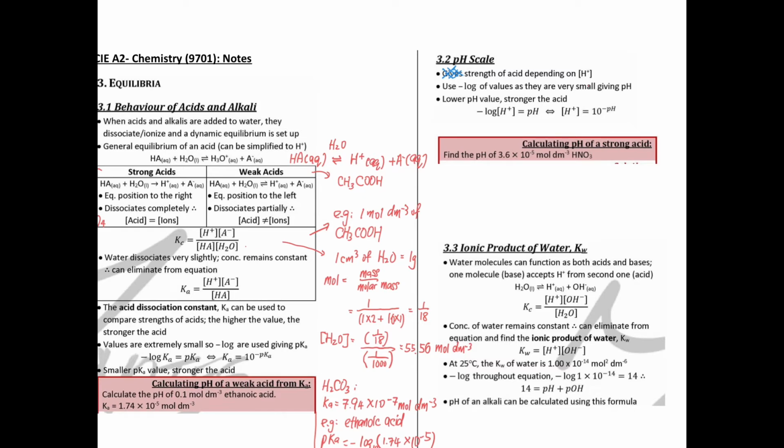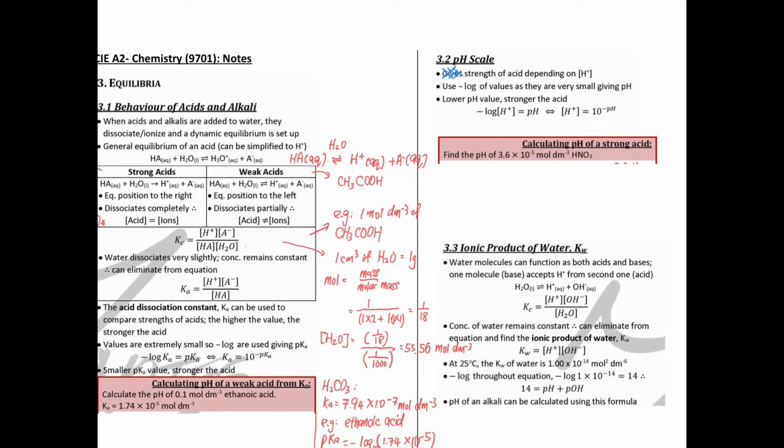Okay, now you see the formula here. You just need to negative log the hydrogen ion concentration, then you get pH. Or the other way around, if the hydrogen ion concentration is to be found, you just do 10 to the power of negative pH.